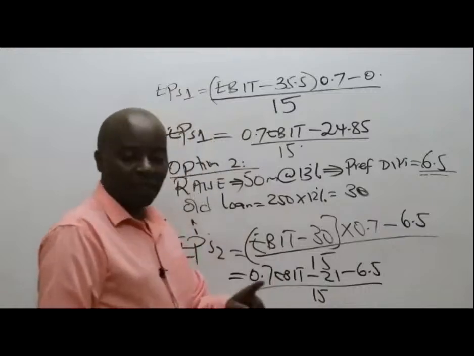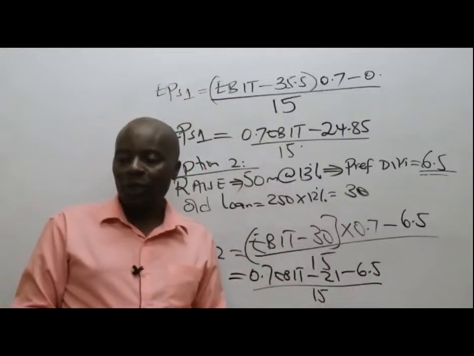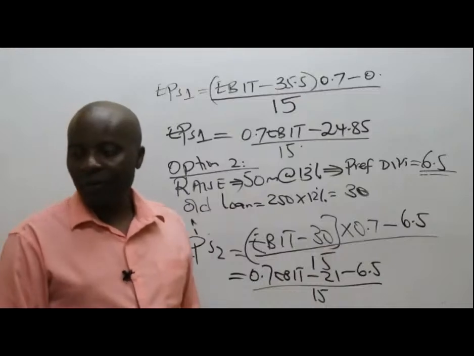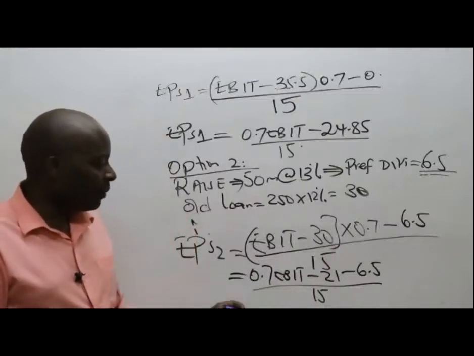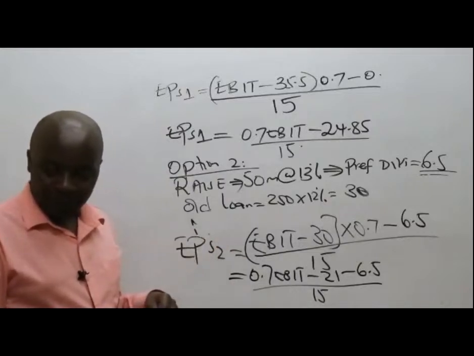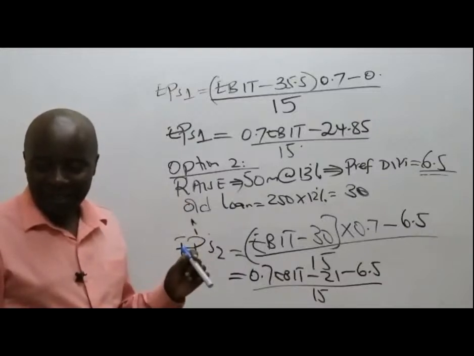And I think there is a student who got this right. But we need to give a present. At the end of the day, that student had 0.7 EBIT minus 27.5. James amesema no present. Alikosea.